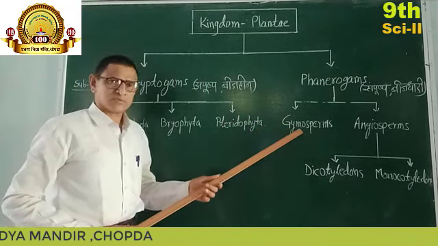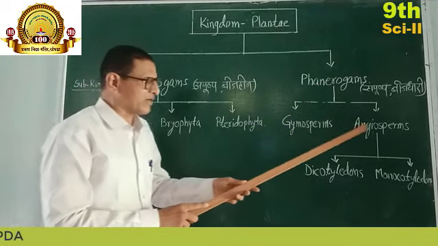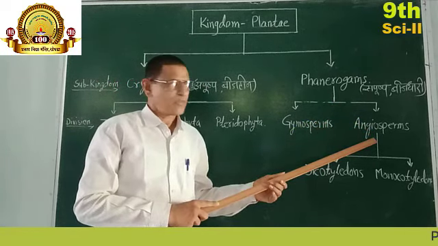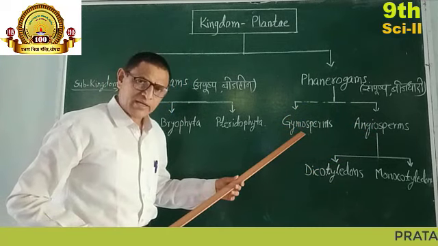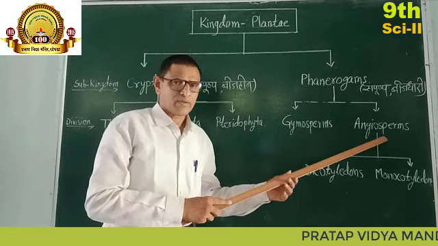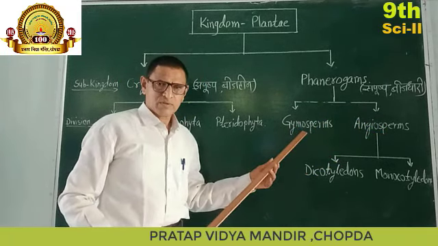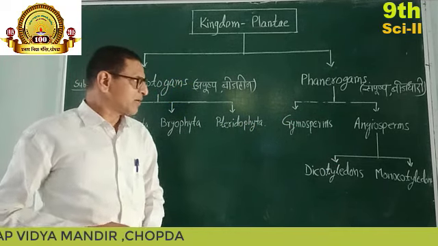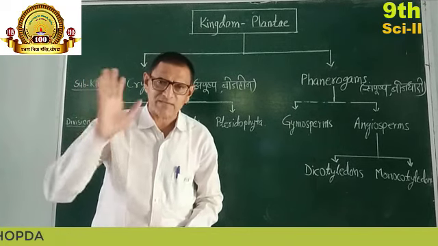First division, gymnosperms, and the another one is angiosperms. अनावृत्त बीजी आणि आवृत्त बीजी. Gymnos means naked. Sperms, बीज. बीज ही उघडीच असतात.